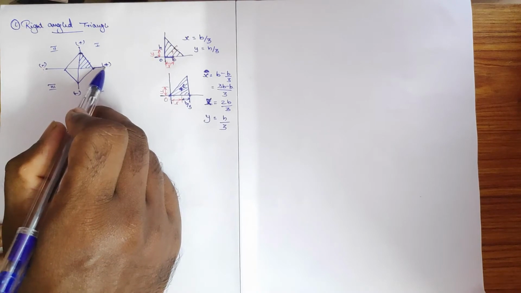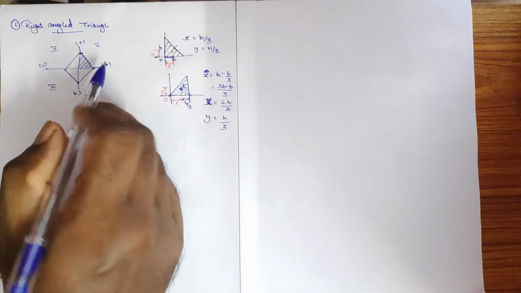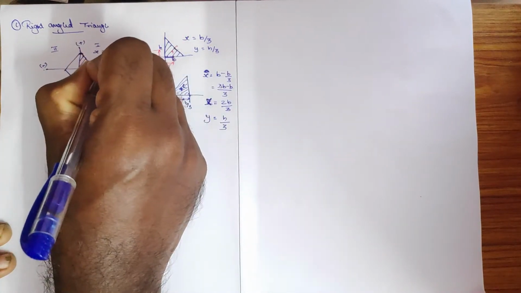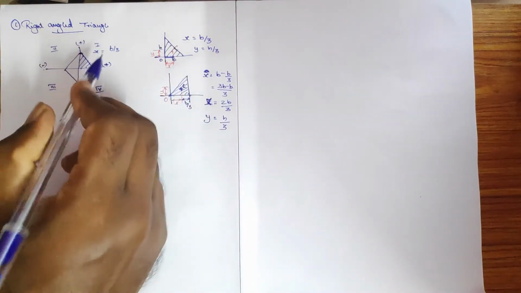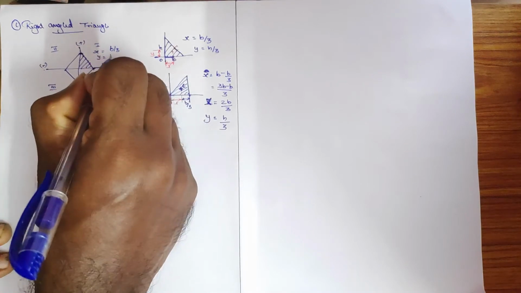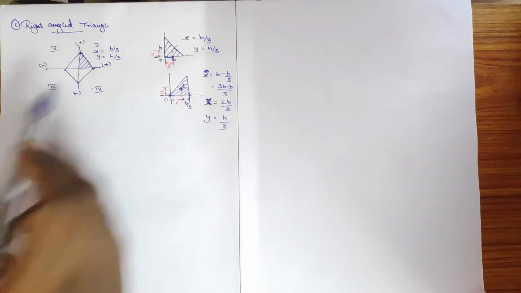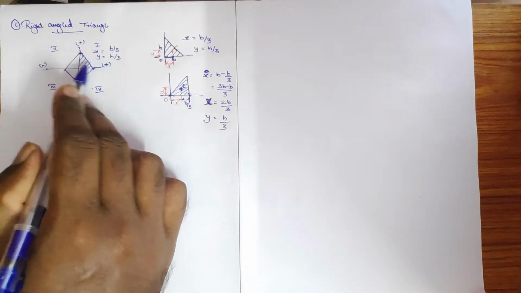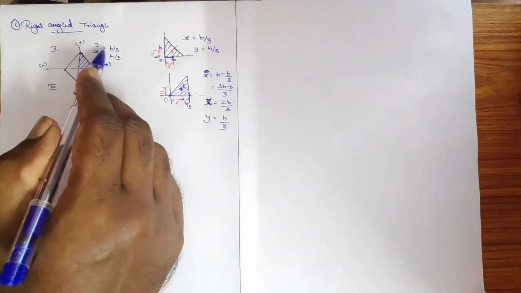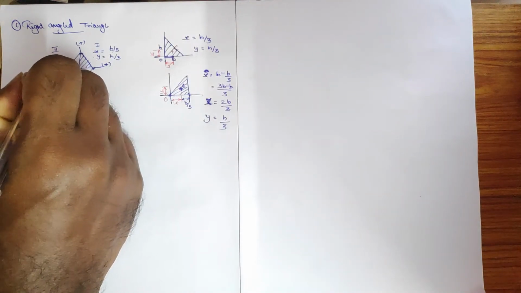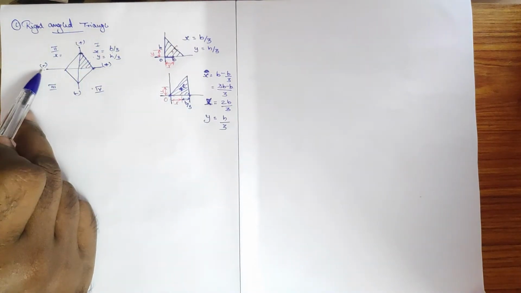If your x-axis is plus, then your formula will be the same, the basic one, b by 3, and the y-axis is also positive, so h by 3. b by 3 and h by 3 is the basic one, the general position. So as it is, we can write. Here in the second quadrant the x is minus.